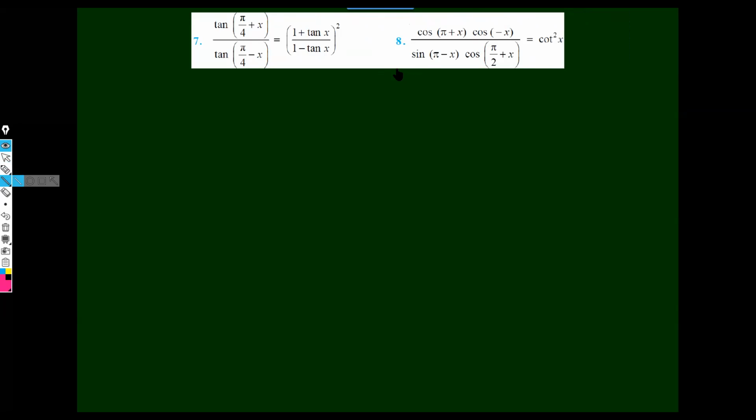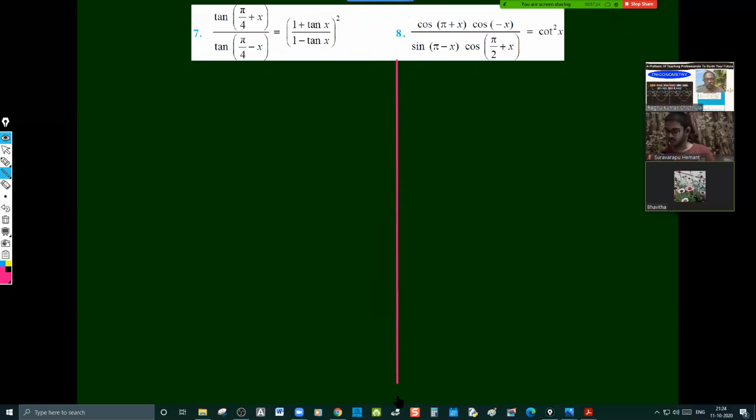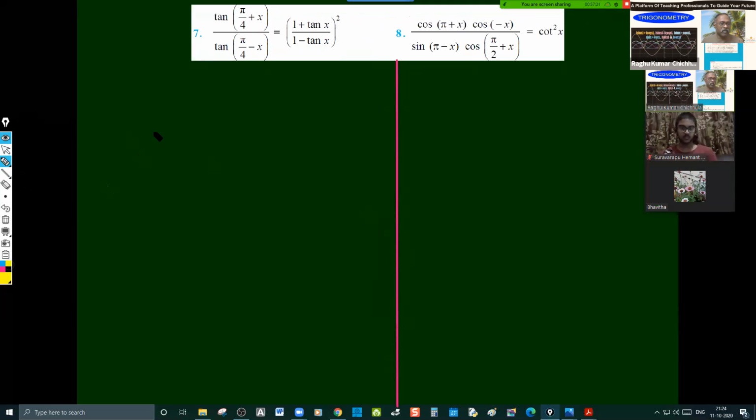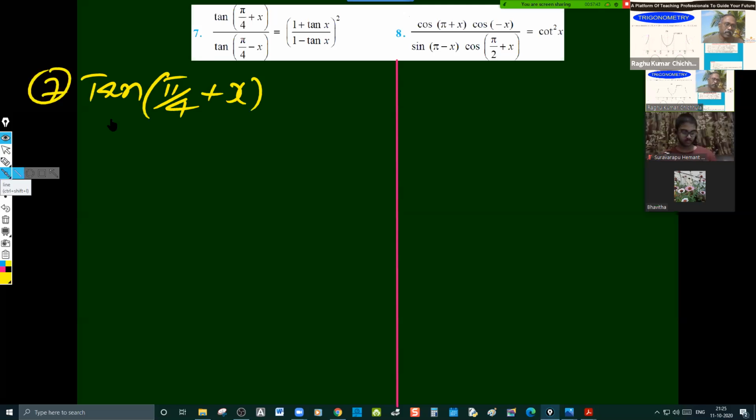Yes, sir. This is the NCERT textbook. Come on, tell me now, what is the 7th question here? Tan of pi by 4 plus x, whole divided by tan of pi by 4 minus x.